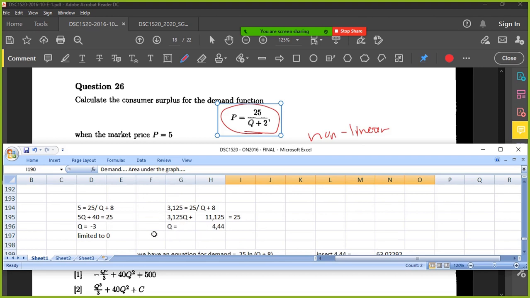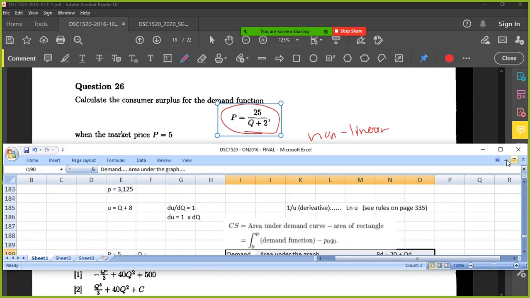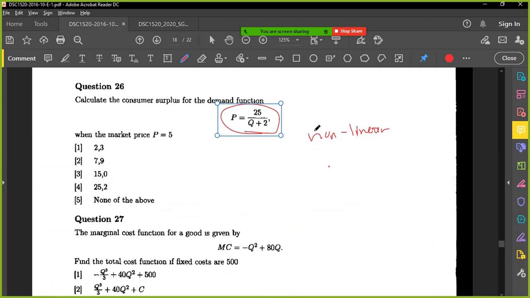What did I have here? This was for... Okay, let me redo this one. Let me just do it again. Okay, so P. I'm looking for P. Obviously, I need area under the graph. This I'm going to bring to the top.